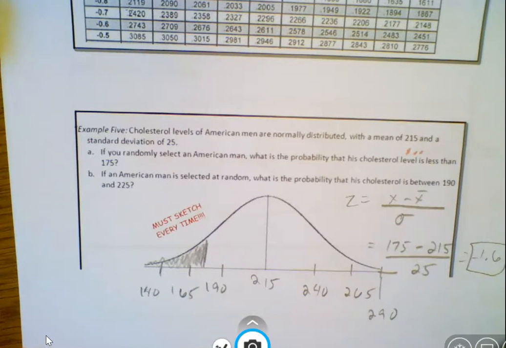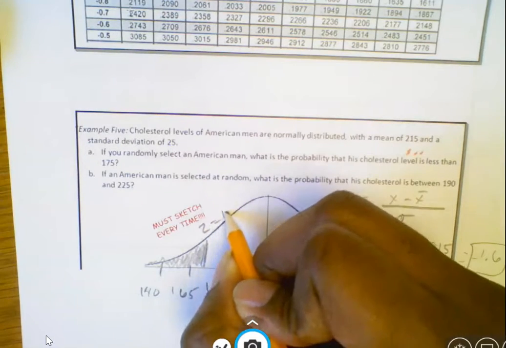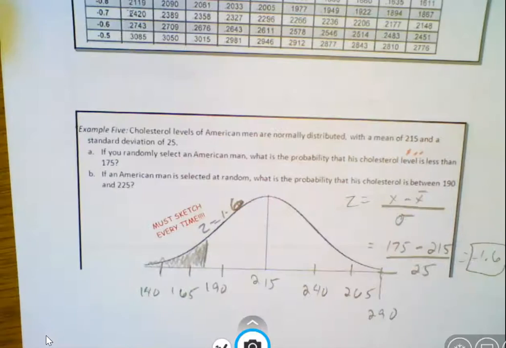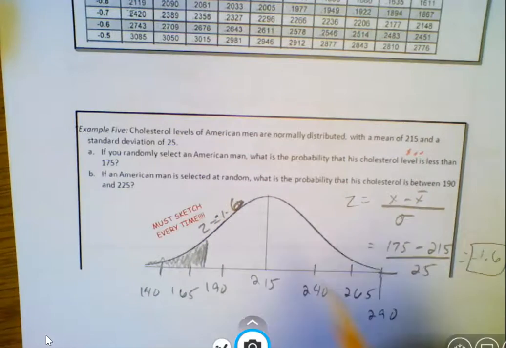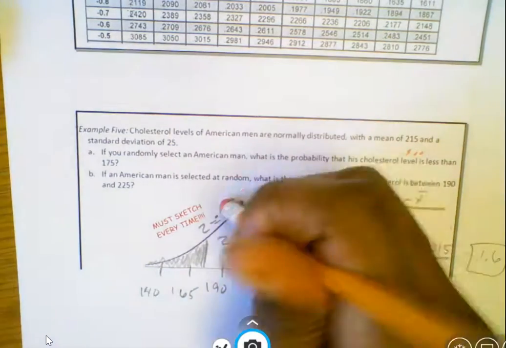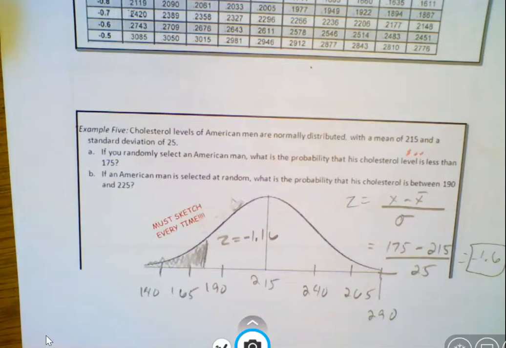So because the z-score is negative 1.6, I want to find the area under the curve at negative 1.6. I'm going to find the area underneath the curve there. Z equals negative 1.6. So go back to the table to the negative side.